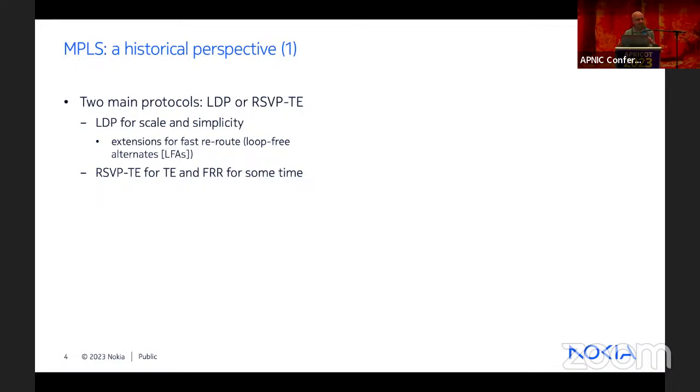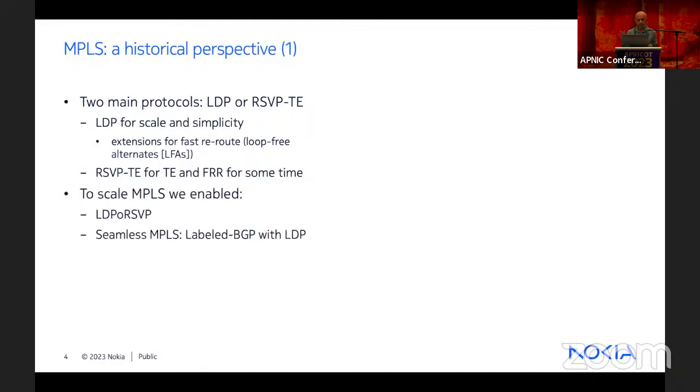That's something that LDP could not really do, so we turned to RSVP-TE. And for a long time, the only way of doing fast reroute was to use RSVP-TE until LDP LFA came along. So a lot of operators deployed RSVP-TE for fast reroute purposes as well.